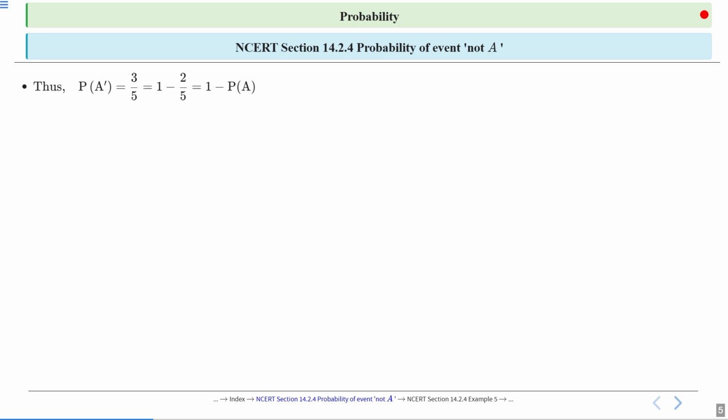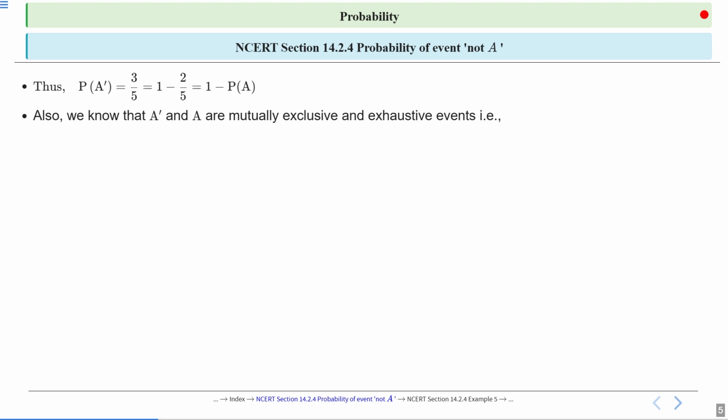So by this example, we obtain an important formula. By using this formula, we can find probability of event not A. Clear, students? And also we know that A complement and A are mutually exclusive.